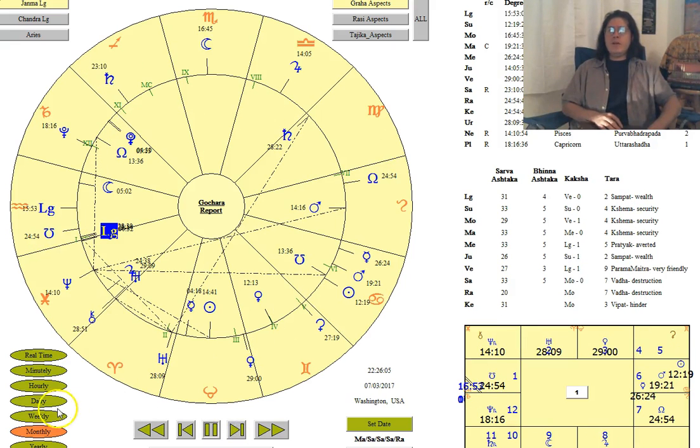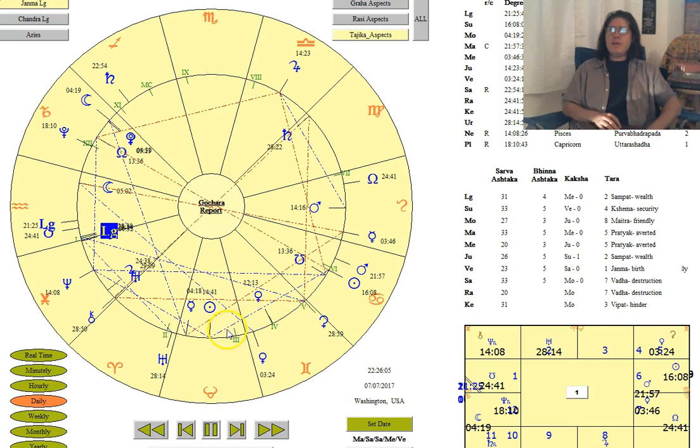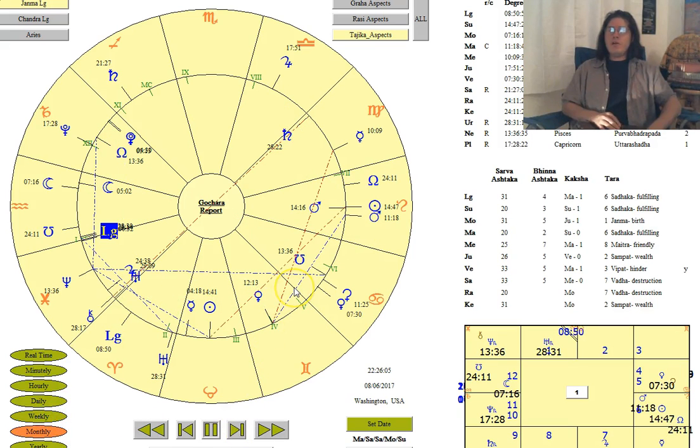About 2 months into the year, we have the sextile, as you can see here, and that indicates a more pleasant time for the person. Even stronger would be the square, and here you see the red line indicating square. This would be a difficult time for the person.